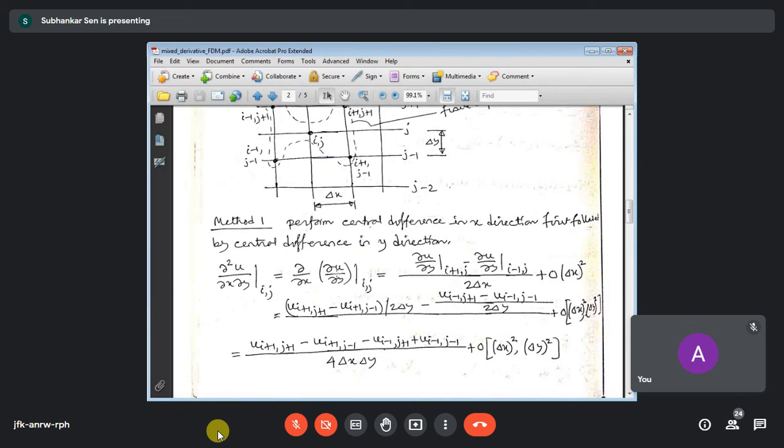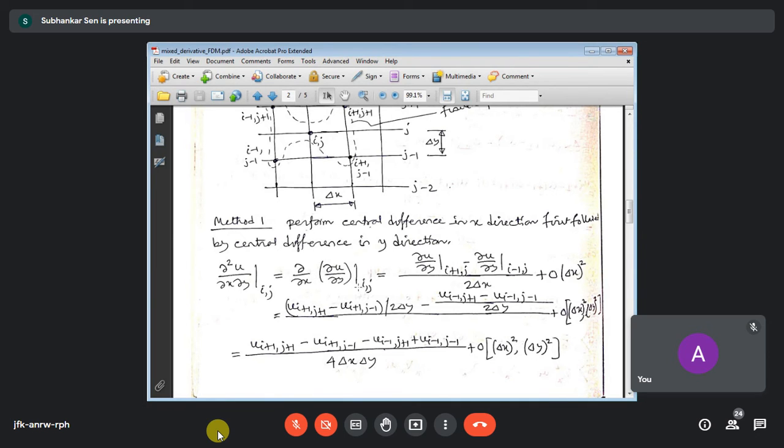So first you see, we are taking the central difference in the x direction. So this quantity del u del y, this entire thing we are treating as a variable itself. Suppose this is phi, so del phi del x at ij.